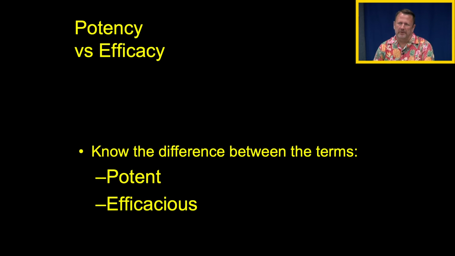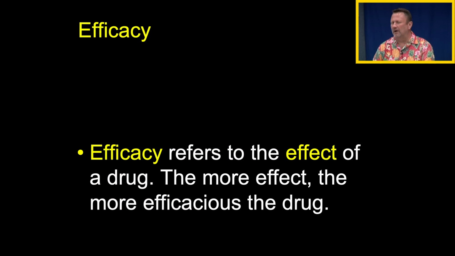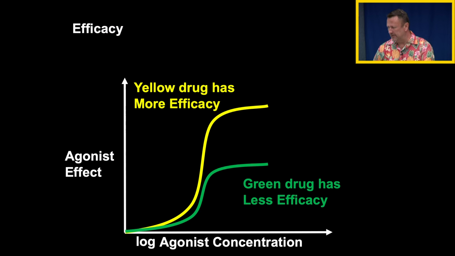All right, so now we know what the little S-shaped things are. We can talk about the difference between potent and efficacious. Efficacy just quite simply refers to the effect of a drug. The more effect the drug, the more efficacious the drug. So here, yellow drug has more efficacy than the green drug because yellow has more agonist effect. See, here's the maximum effect of yellow drug. That's much more effect than the green drug.